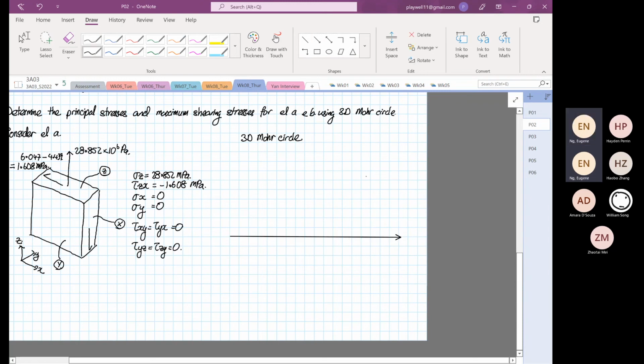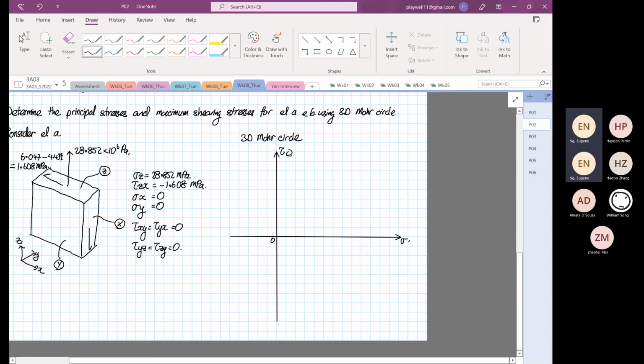On the Mohr circle, this is our normal stress. And then I'm going to sketch our shearing stress. So this is our shearing stress. Element rotating clockwise on the top half.